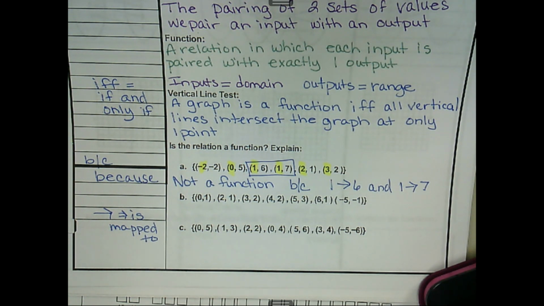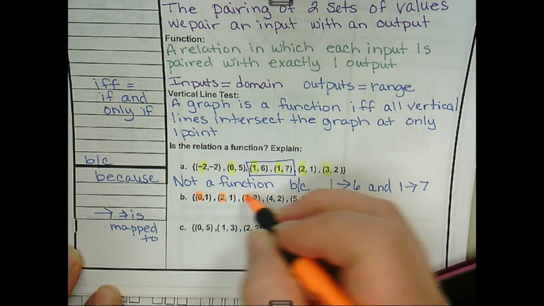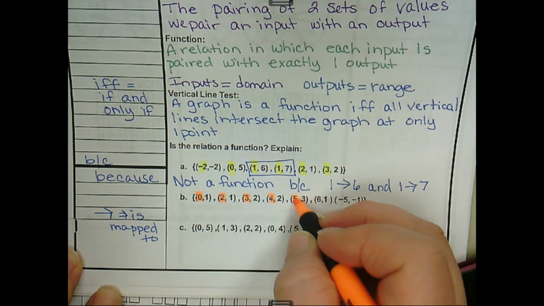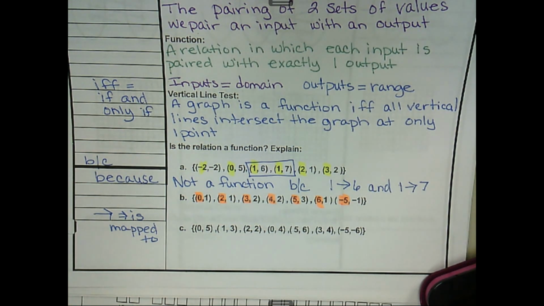Let's look at the second set. Remember, our focus is only on that first number. What is x? So as I'm looking at x only, 0, 2, 3, 4, 5, 6, negative 5.